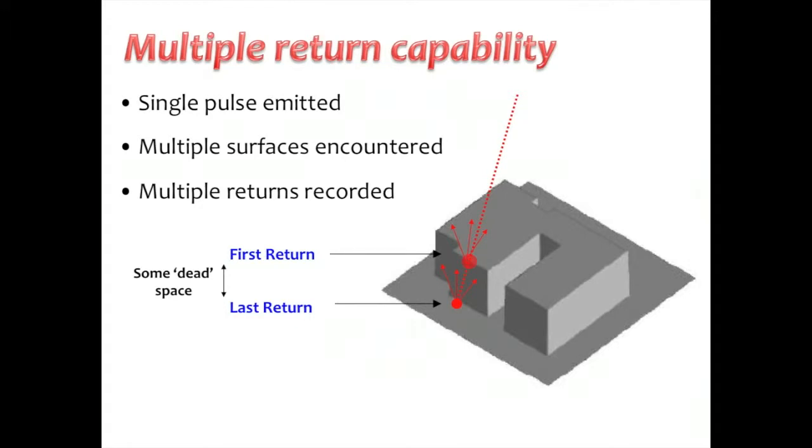And incidentally, it's probably worth mentioning that the emission rates of systems at the moment is probably up to about 1 million per second. I'm not sure because it changes quite frequently. As of 2004, which is when we acquired our airborne LiDAR system, the state of the art was 100,000 pulse emissions per second. And for each one of those emitted pulses, you could theoretically capture up to 4 returns.